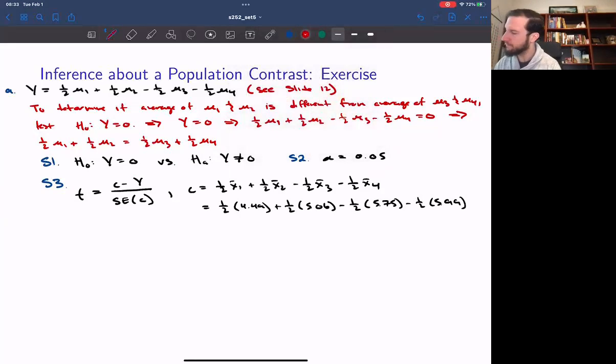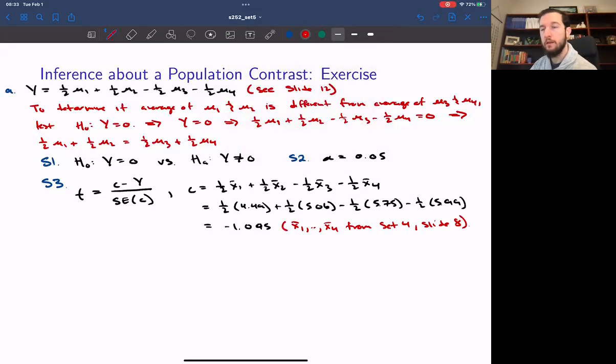Okay, and then, one sec, I'll reference that, which is equal to negative 1.095. Then x bar 1 to x bar 4 are from set 4, slide 8.